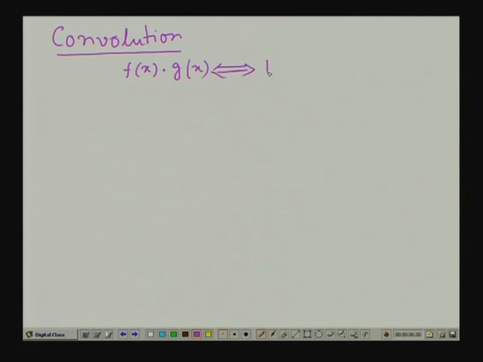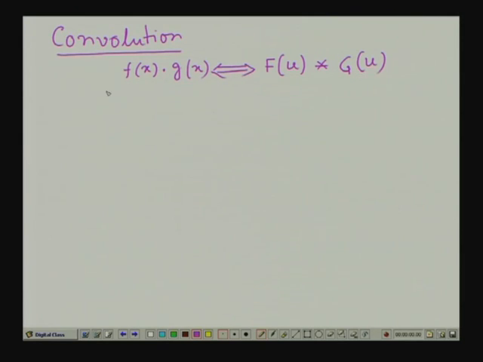The next property, this we have already discussed in one of our earlier lectures when we discussed sampling and quantization, that is the convolution property. In case of the convolution property, we have said that if we have two signals, f(x) multiplied with the signal g(x), then the Fourier transform in the frequency domain is equivalent to F(u) convolution with G(u).